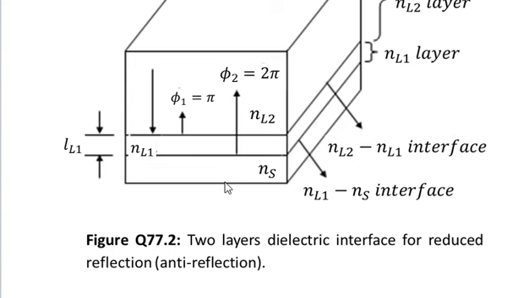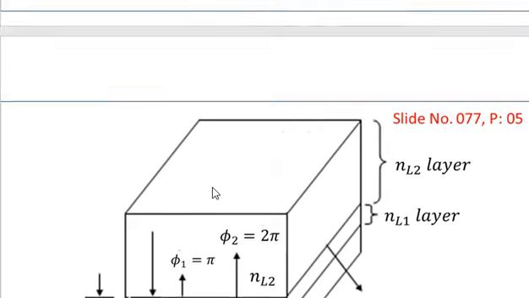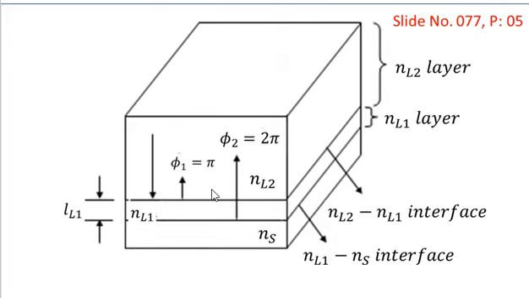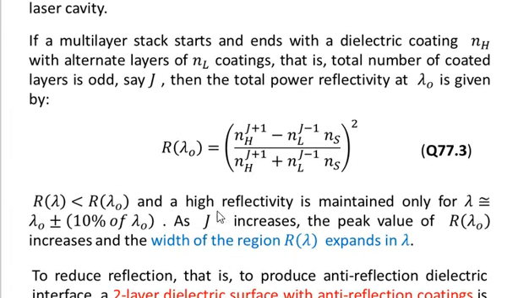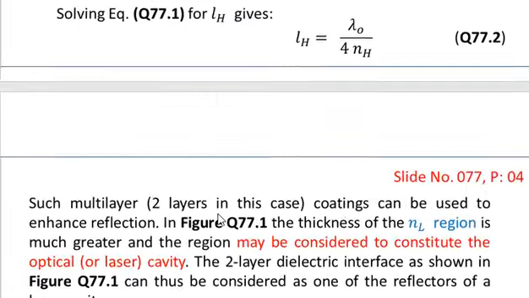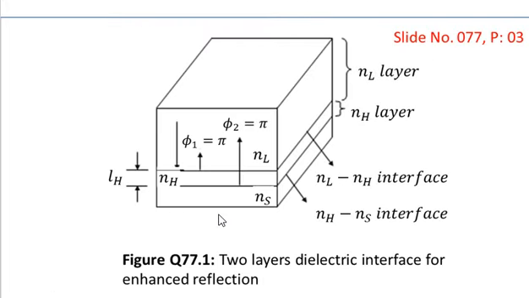We have ignored the multiple reflections and considered only single reflections for the sake of simplicity, because that would serve our purpose in explaining the coatings for the enhancement of reflection and the dielectric layers to minimize the reflection, or to produce the anti-reflection coatings. So that would serve our purpose even if we don't consider the multiple reflections within both materials.